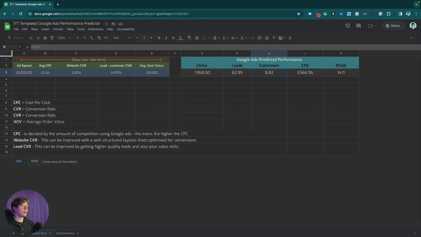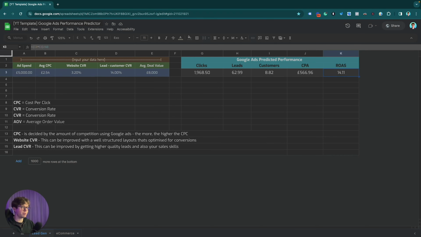And they convert to 8.82 paying customers for your business, and a cost per acquisition, which is a cost per customer here, of £566.96, and a return on ad spend of 14.11. So overall, that's quite effective. These are quite good metrics to be achieving with your Google Ads.